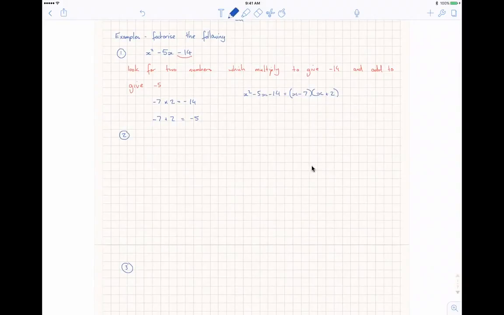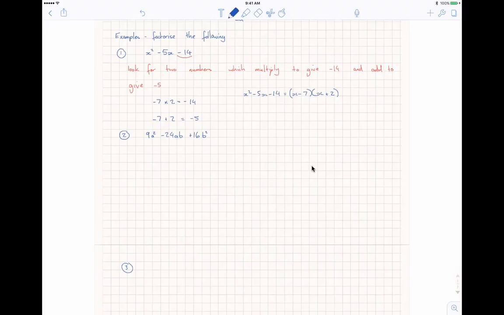Second example. If you look through that little laminated card that I gave you that has factorizing techniques on it, you should recognize that this one straight away is a perfect square.